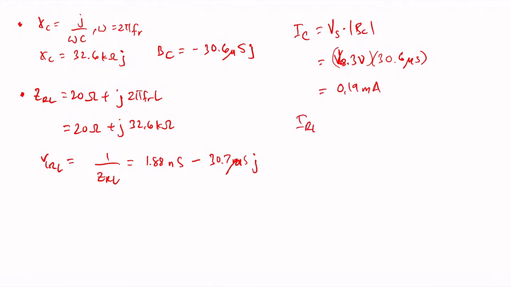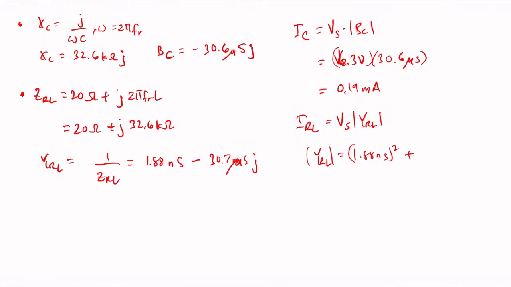And for the current through the resistor and inductor, we have VS times the magnitude of YRL. The magnitude of YRL is obtained from the sum of squares of the components of RL along the real and imaginary axis.